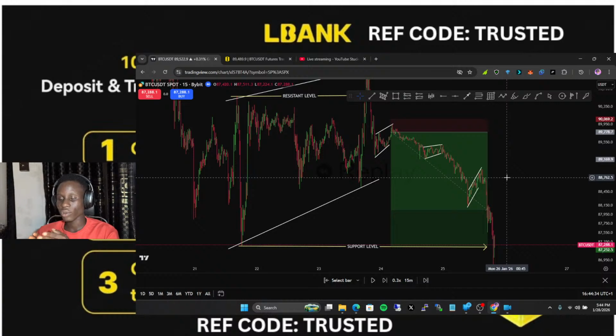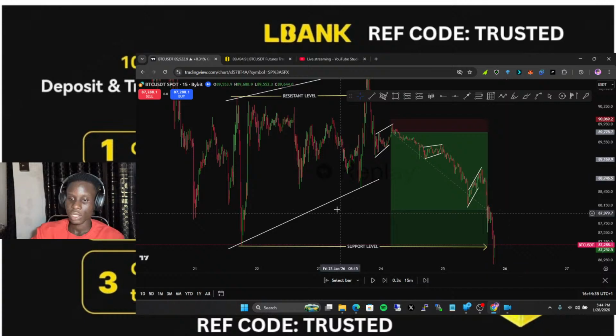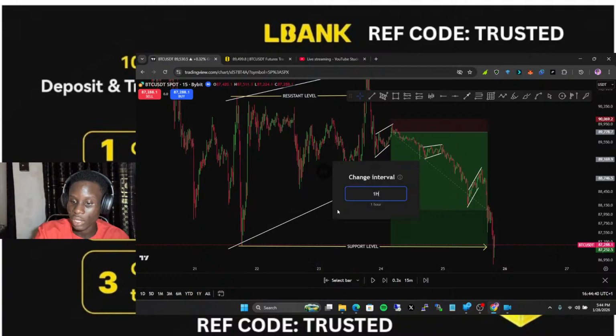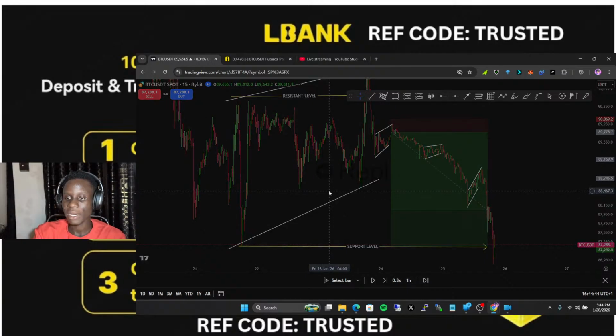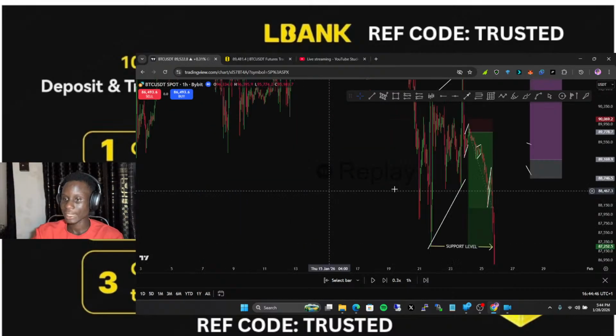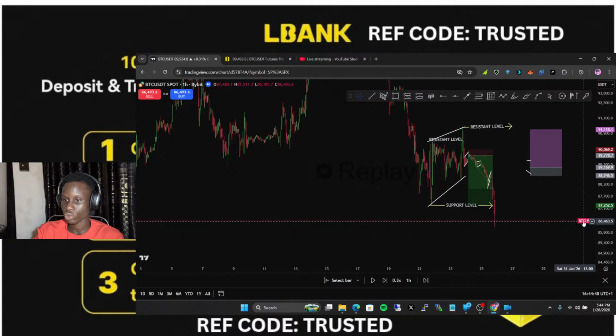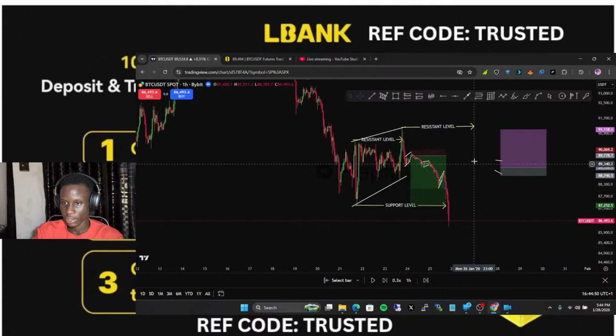If you don't have those things in the market, you will probably be catching something else, because you are not sure if this market is going to continue to the downside or the market wants to reject.